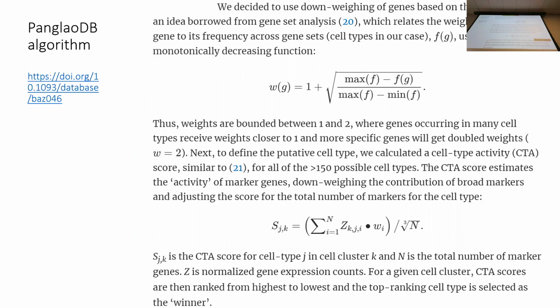If a particular gene, gene 99, is only present in cell type 4, it is a very unique contribution and an almost 100% definition for cell type 4, so you have to weight this higher.